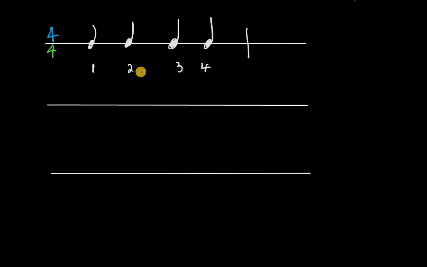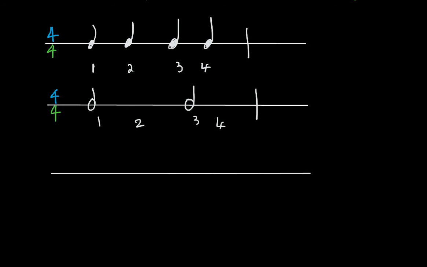It's that easy. If we look at half notes, they would look something like this: 1, 2, 3, 4 in a measure, because a half note has 2 beats. 2 beats plus 2 beats is 4 beats.